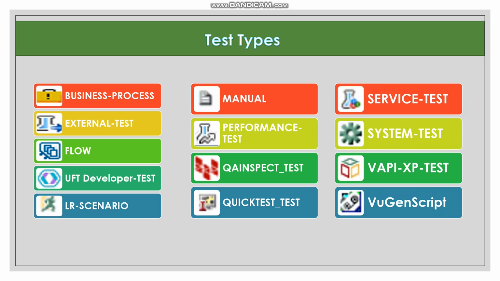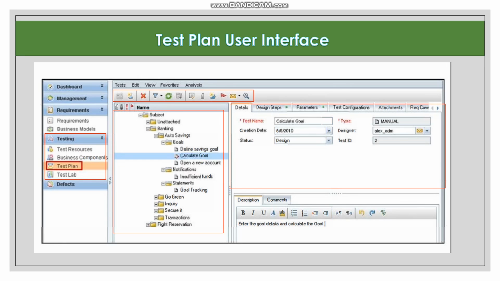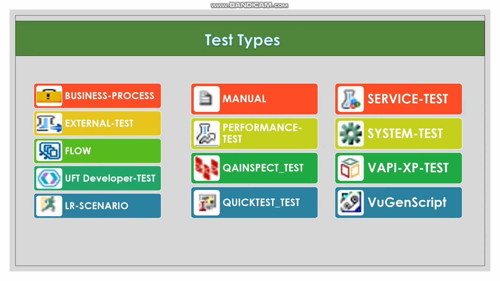Next is service test, an API test created in Unified Functional Testing or Service Test, Micro Focus tools for creating tests for GUI-less applications such as web and REST services. The system test, a test that instructs ALM to provide system information, capture a desktop image, or restart a machine.